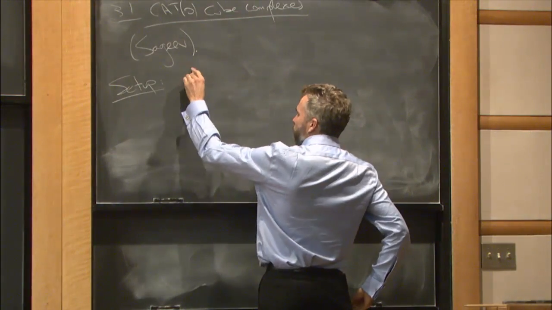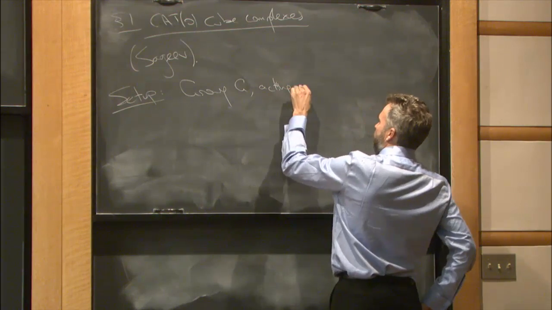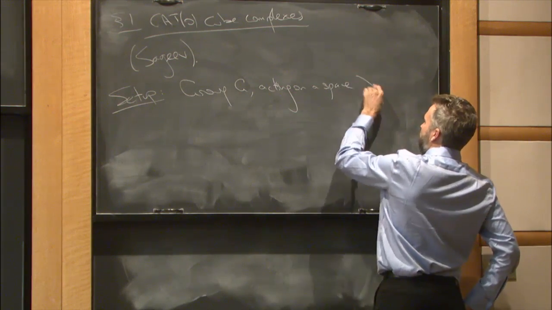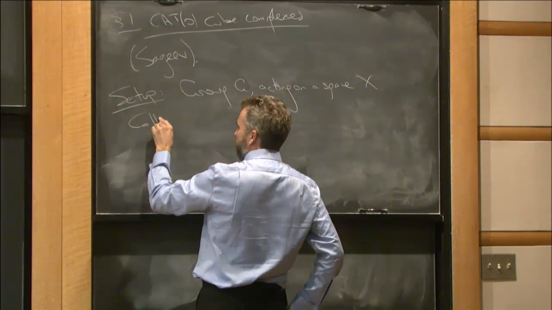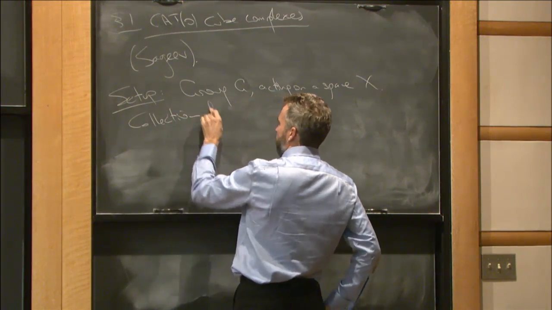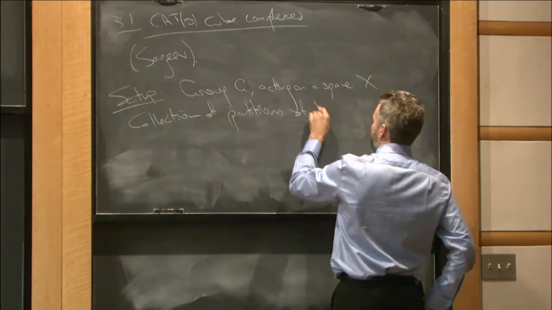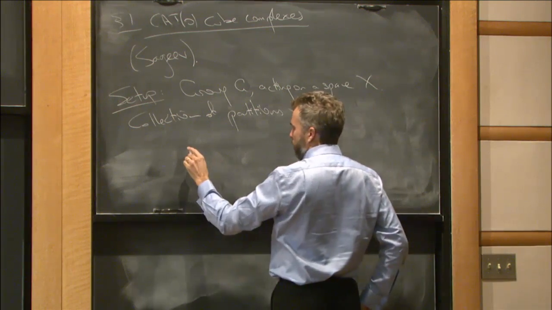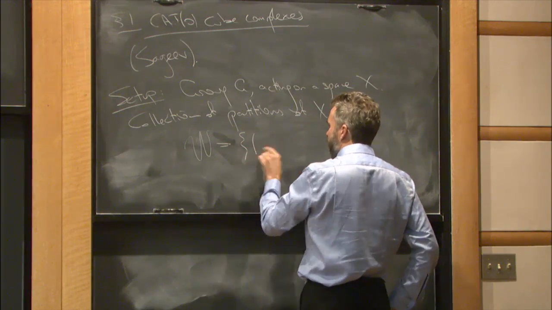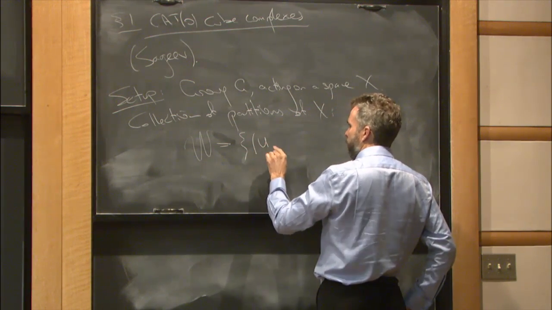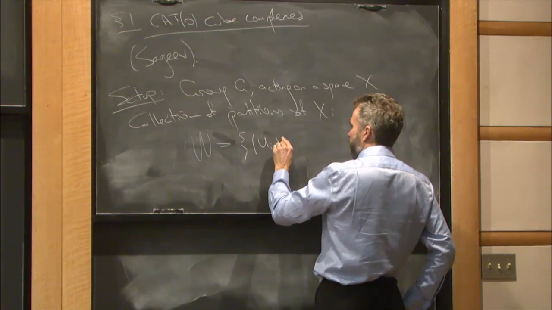So the setup is we have a group G acting on a space X, and we're going to have a collection of partitions of X. So W, which is some set of pairs, maybe (U_i, V_i).